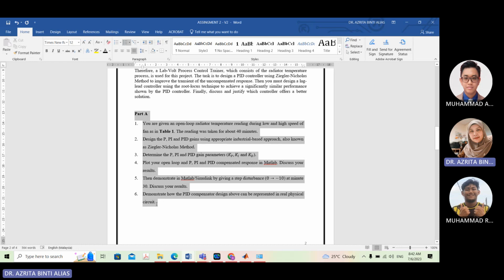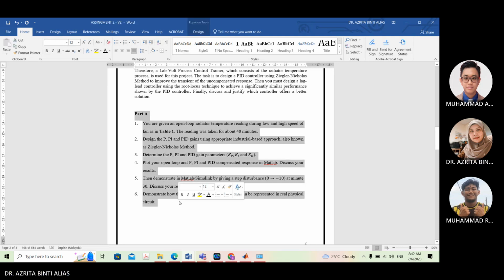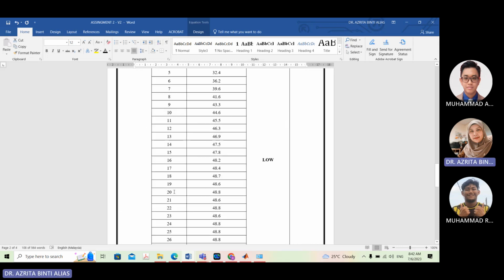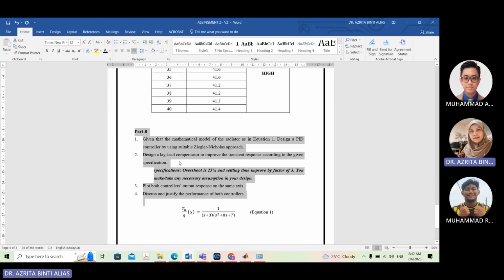Make sure you can design the P, PI, and PID using the Ziegler-Nichols method, because this part will be asked again in your final exam. So make sure you can do part A, and also part B. Part B consists of Ziegler-Nichols and also the lead compensator.